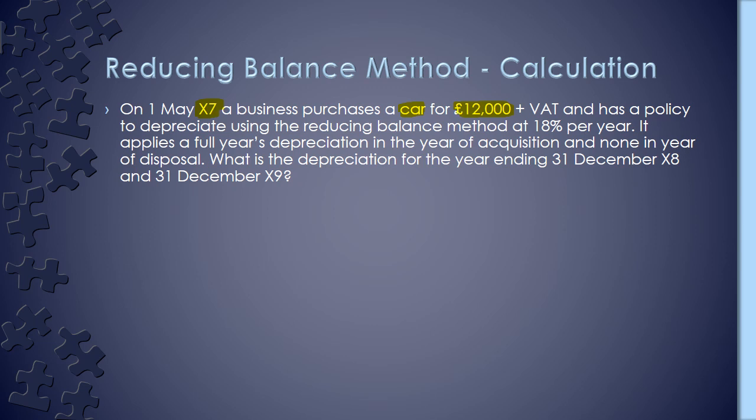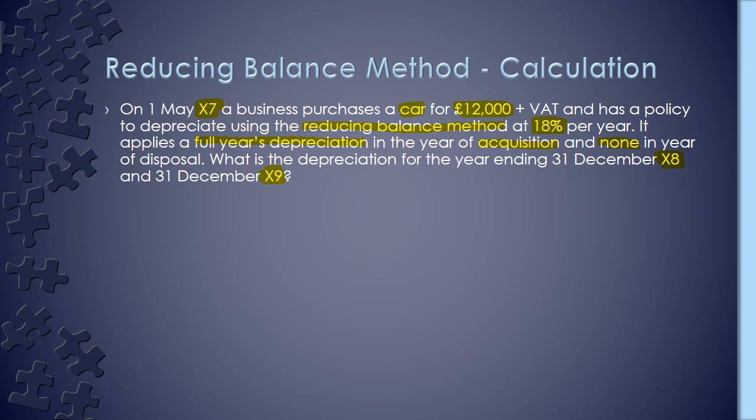We're told that we're going to be using the reducing balance method and it's going to be at 18% per year. We know we have to do a full year's depreciation in the year of acquisition and we don't do any in the year of disposal. So what is the depreciation for the year ending 8 and the year ending 9?